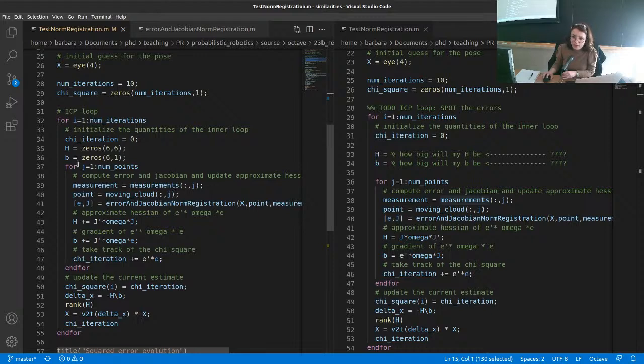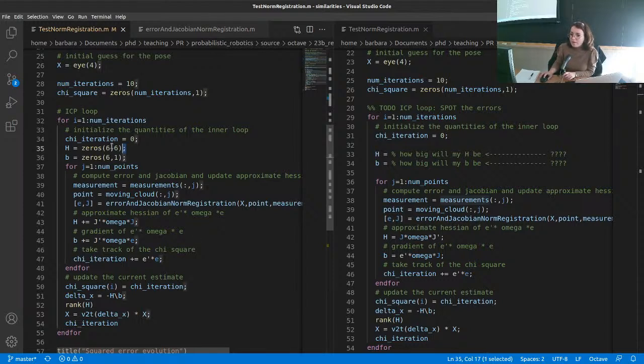Remember, indeed, that H is J transpose times omega times J, so it is as large as the width of J, and we remember that J is as large as 6. Okay?